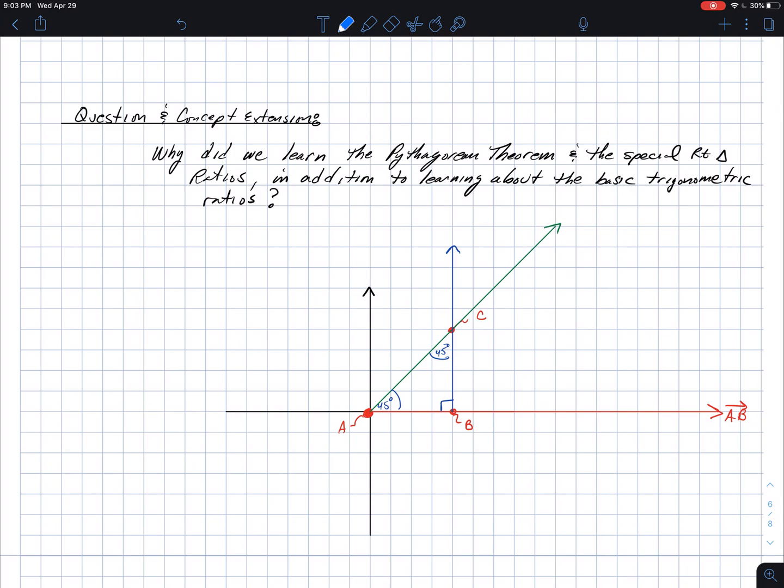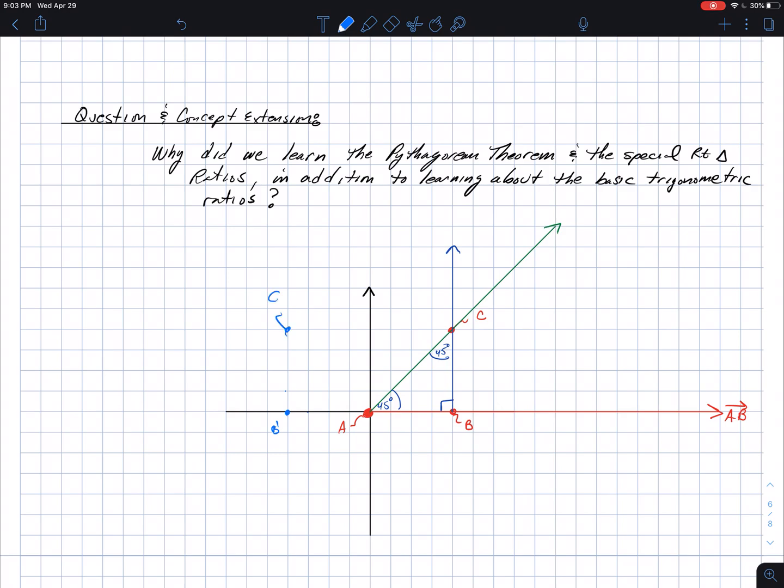If I just reflected it about the y-axis, I'd be back 1, 2, 3, 4 here. This would be B prime, for example, right? A would stay A prime, and C would be up 1, 2, 3, 4, it looks like right there.